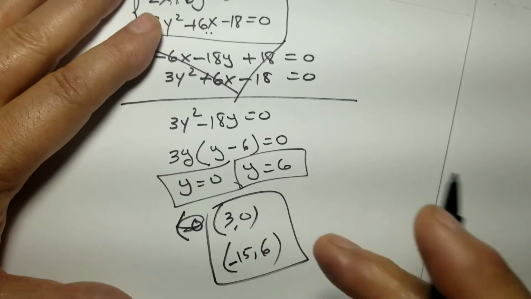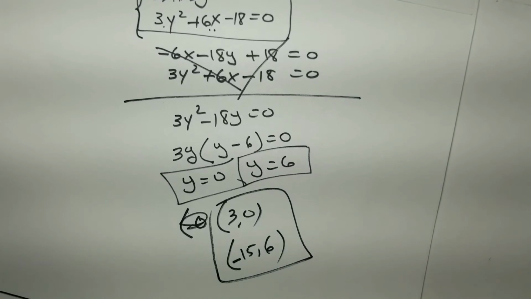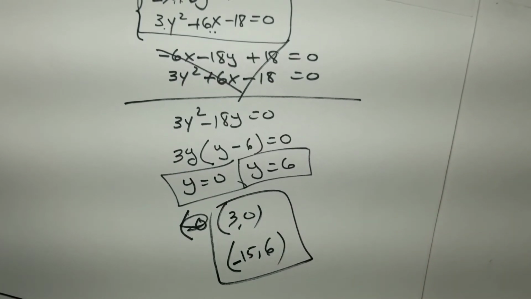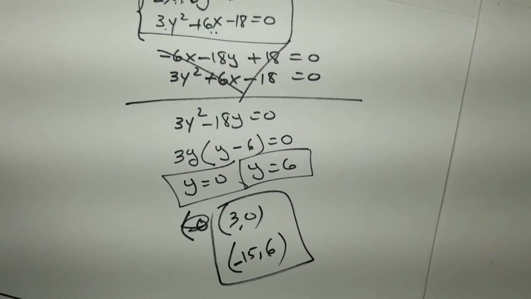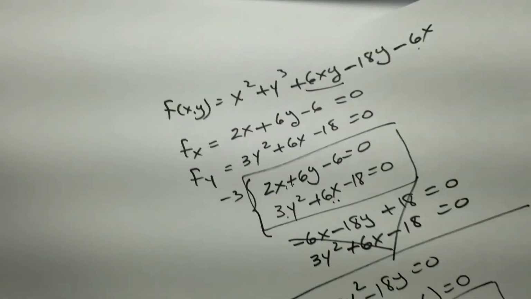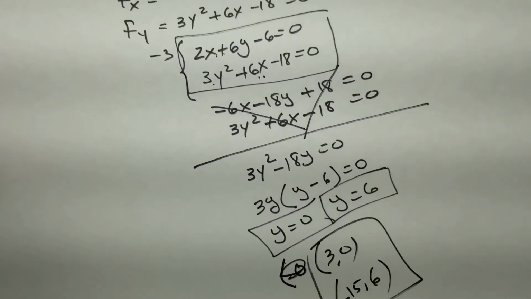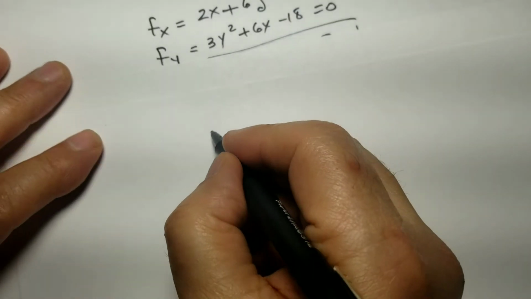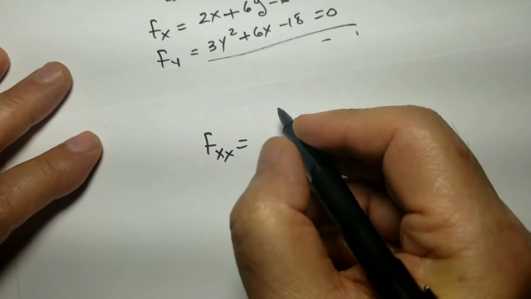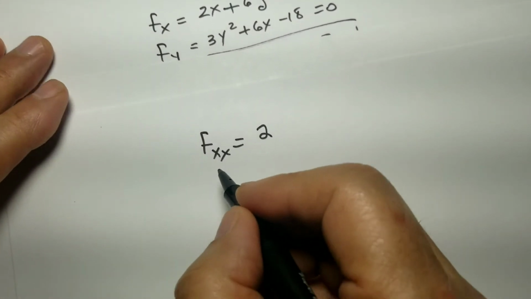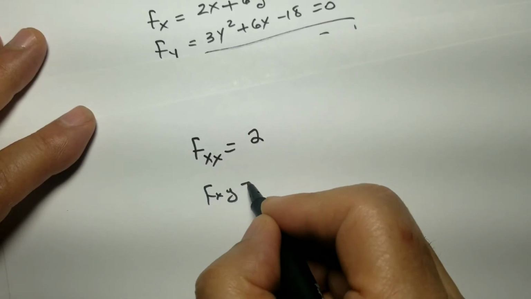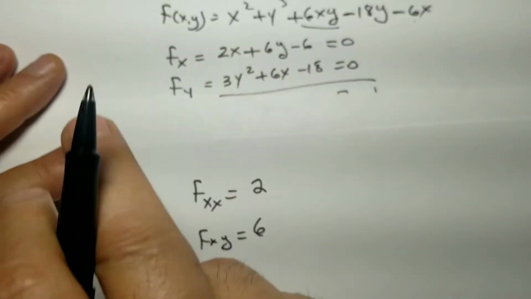But I don't know if these two are saddle point, if it is a max or a min. But I need the second derivative. What is f of xx? 2. F of xy? 6.